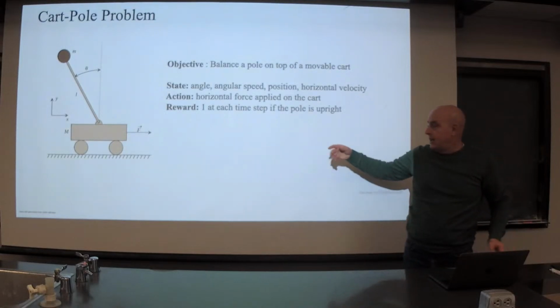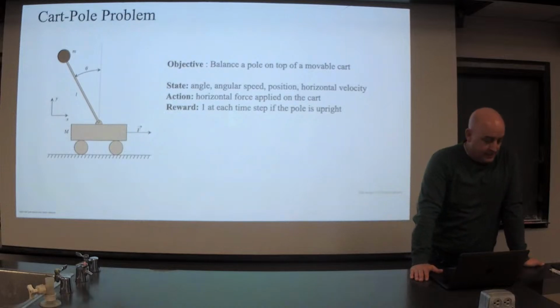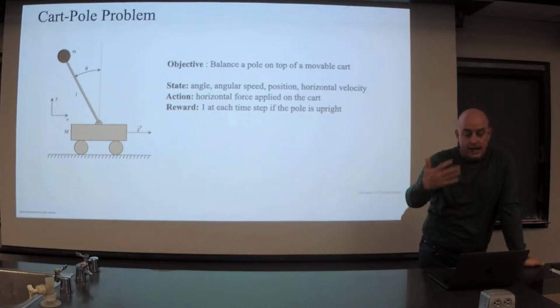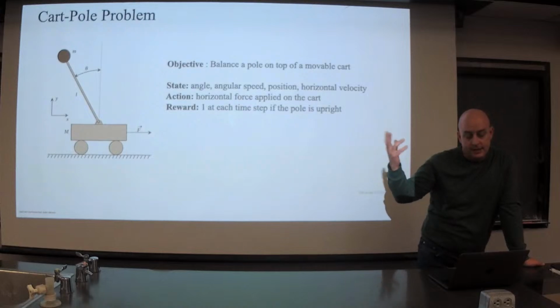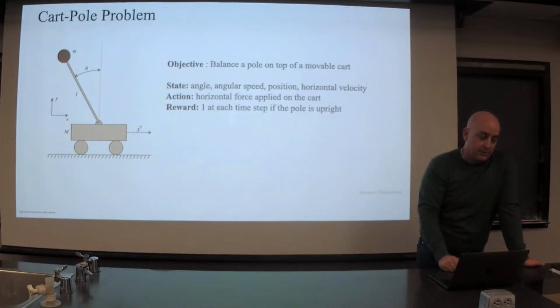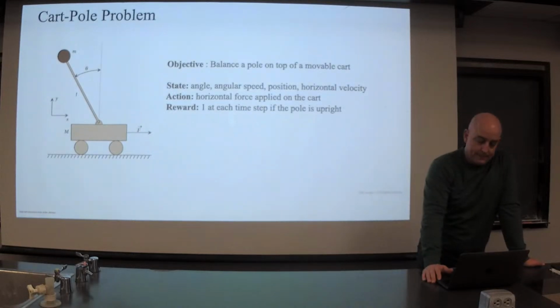The actions it can take are to apply this force. Given an appropriate learning algorithm, which we haven't talked about yet, you should be able to train agents to apply forces so that you keep that upright.